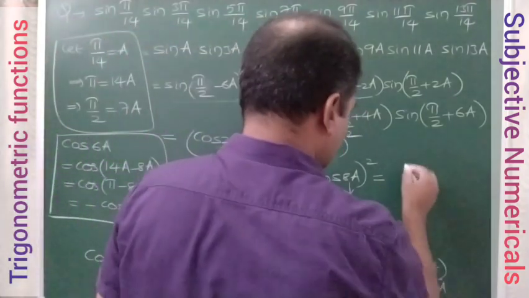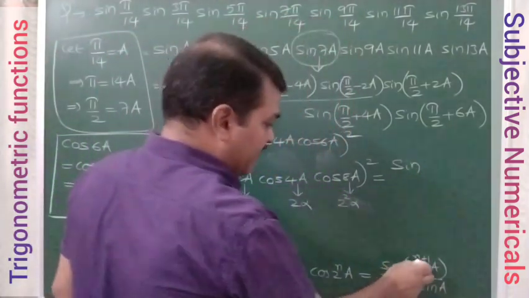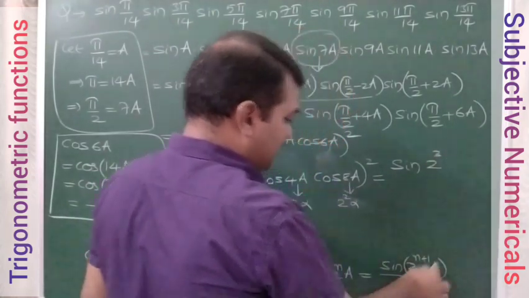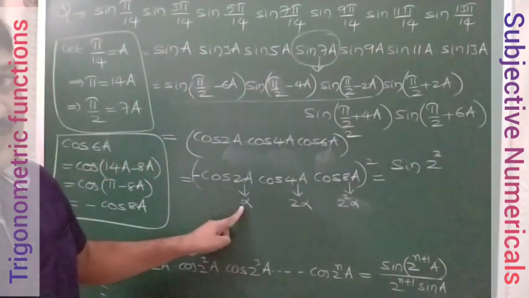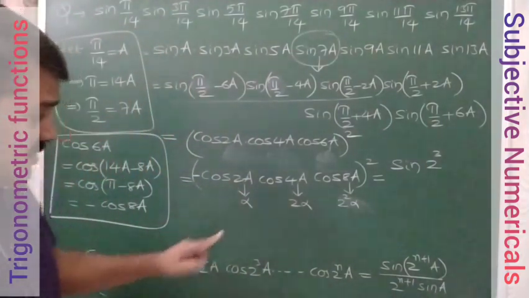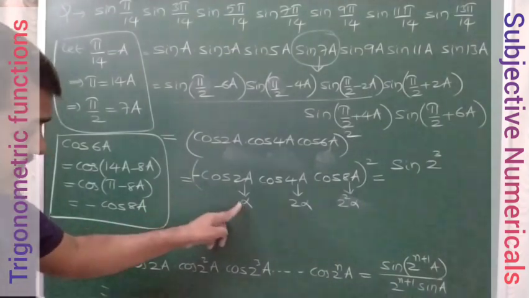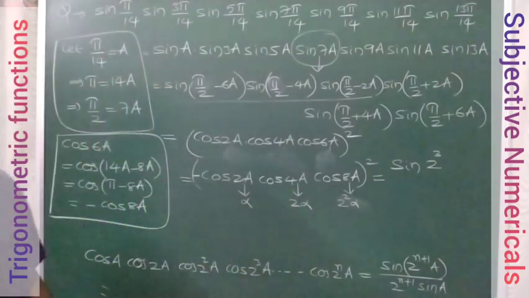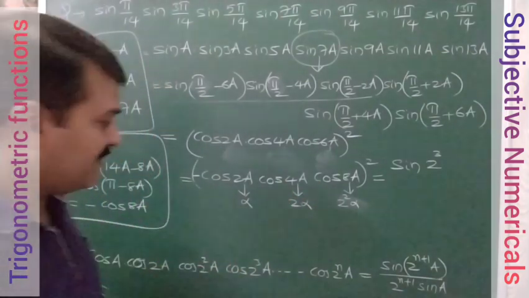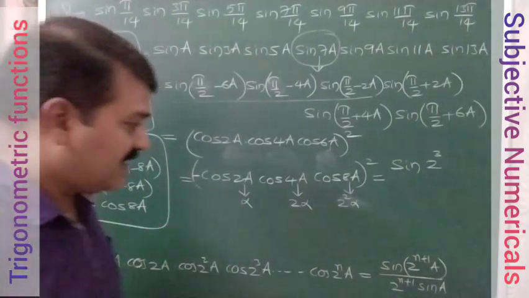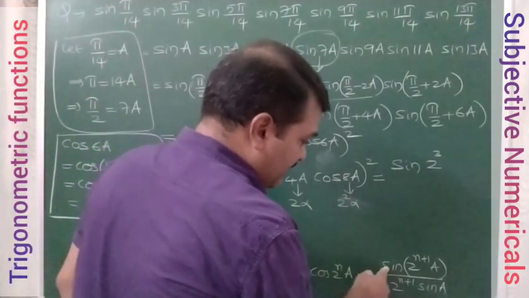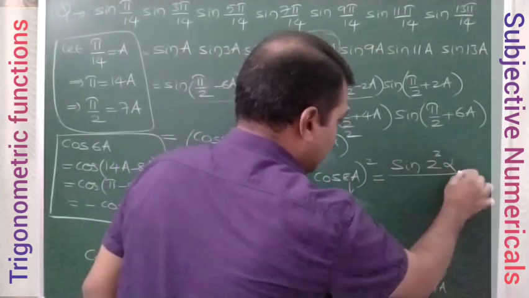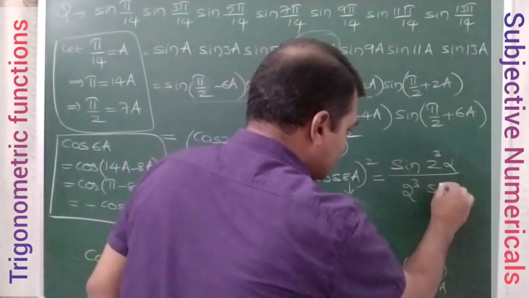What will I get now? Sine of 2 power n plus 1, that means 2 power 3, and in place of a, you have alpha. I am using alpha as the angle. Cos a means cos alpha, cos 2a means cos 2 alpha, cos 2 square a means cos 2 square alpha. So n is 2, sine of 2 power 2 plus 1, 2 power 3, into alpha, by 2 power 3 into sine alpha.